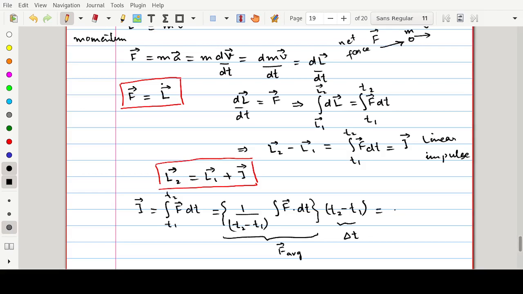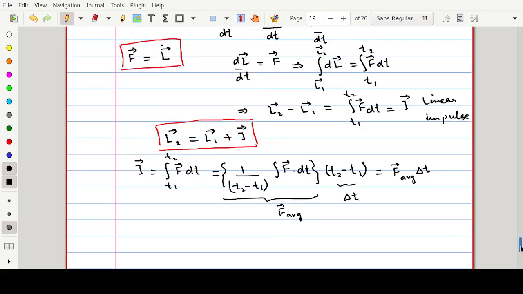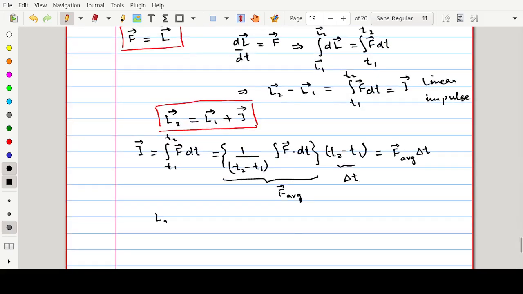So from here we can write impulse is equal to the average force acting over an interval times the length of that interval. Therefore linear momentum at a later time instant can be related to linear momentum at an initial time instant plus the average force acting over that time interval times the time interval itself.